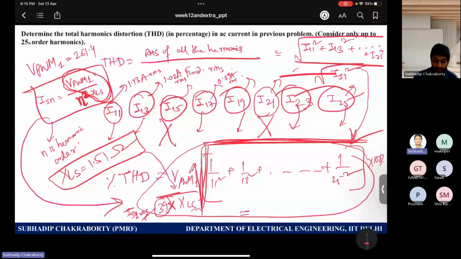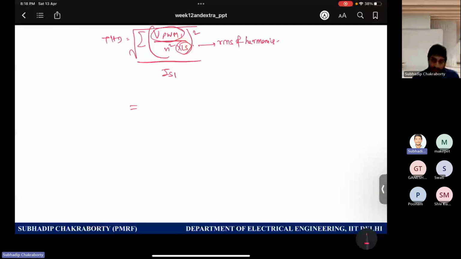So what I was telling you to do is, since your VPWM and XLS are same, you take it common, and since you have square over them and root, this should appear outside the bracket, into 1 by n square. Okay, so whole to the power 4 is also there, right? You understood?